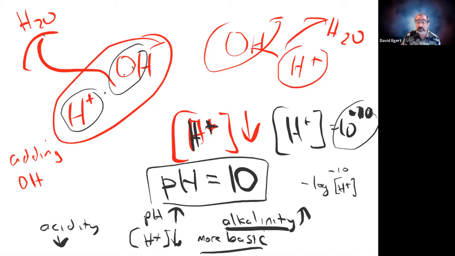We'll be talking about pH in terms of buffers like we're talking about now, in terms of the respiratory system, all over the place. So you want to really get this idea of pH going down means acidity and H plus is going up. pH going up means more alkaline but less H plus, all of that.